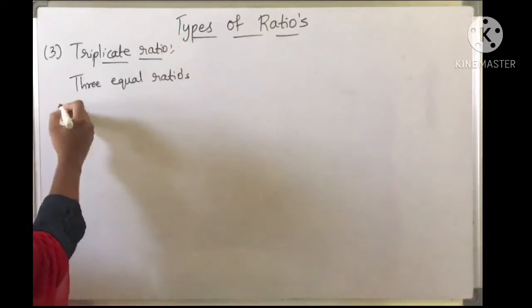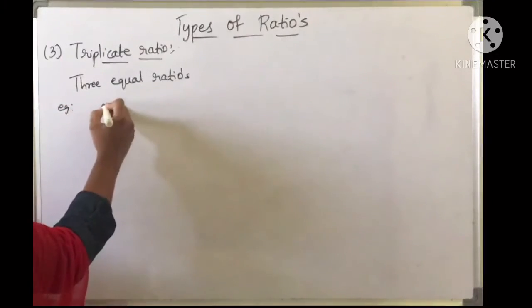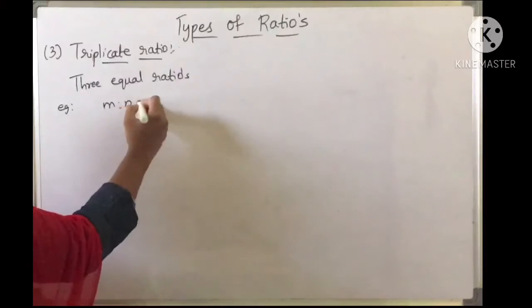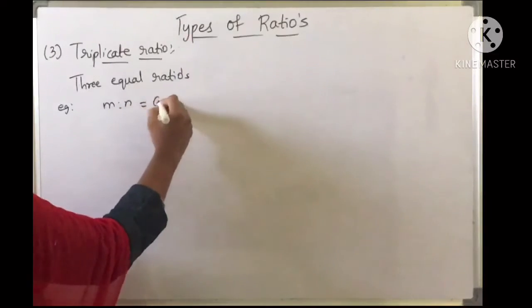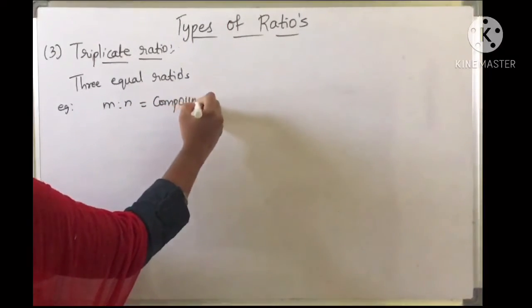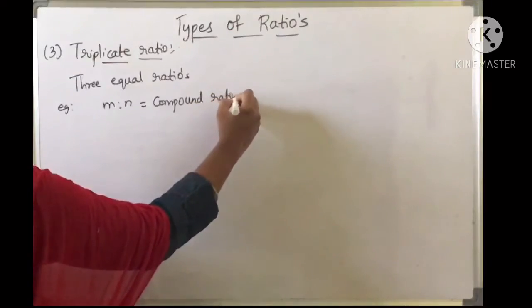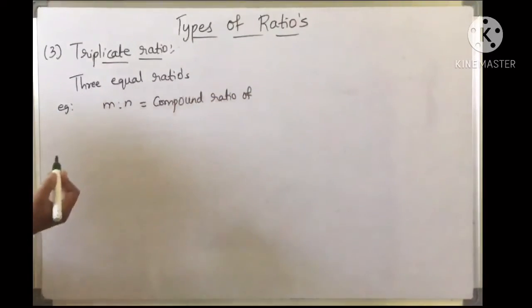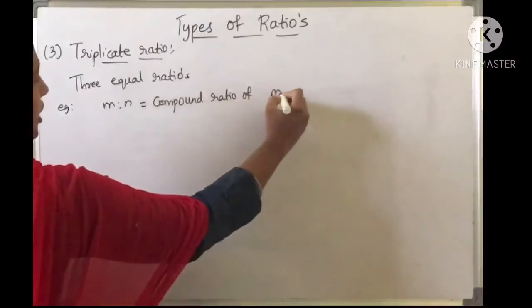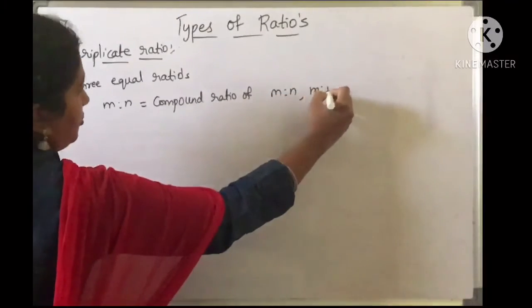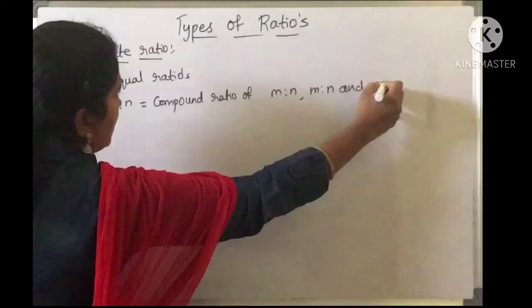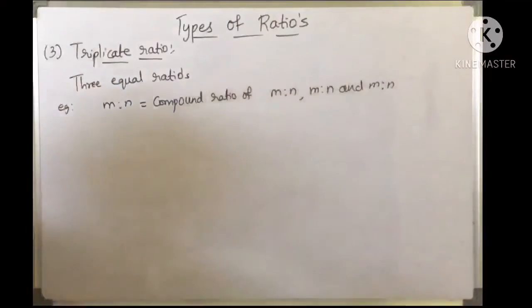For example, the triplicate ratio of m is to n is nothing but the compound ratio of 3 ratios. What are the 3 ratios? m is to n, m is to n and m is to n. Here compound ratio means the product of the antecedents and the product of the consequents.